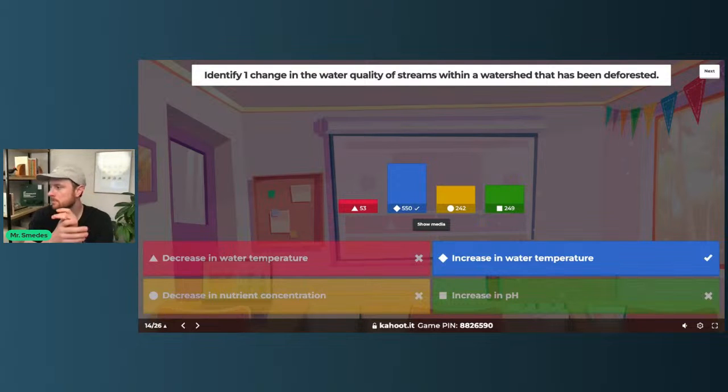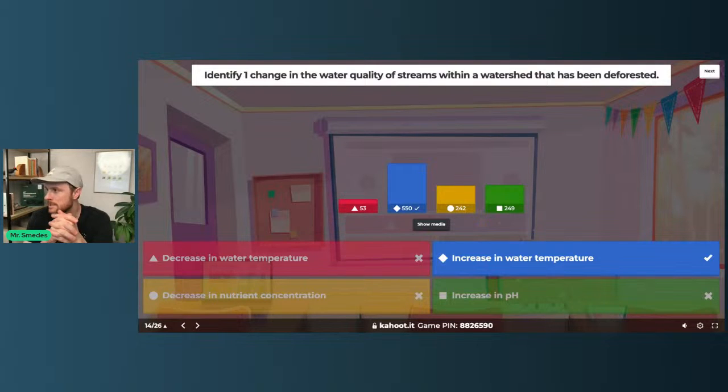This one tripped up some people. Identify one change in the water quality of streams within a watershed that has been deforested. So, decrease in nutrient concentration? We're going to expect an increase in nutrient concentration as more sediments flood into the river or body of water. Increase in pH? I don't know if there's going to be a dramatic pH effect.